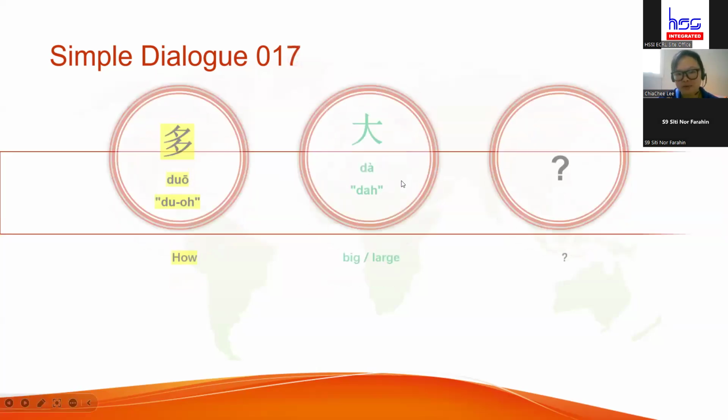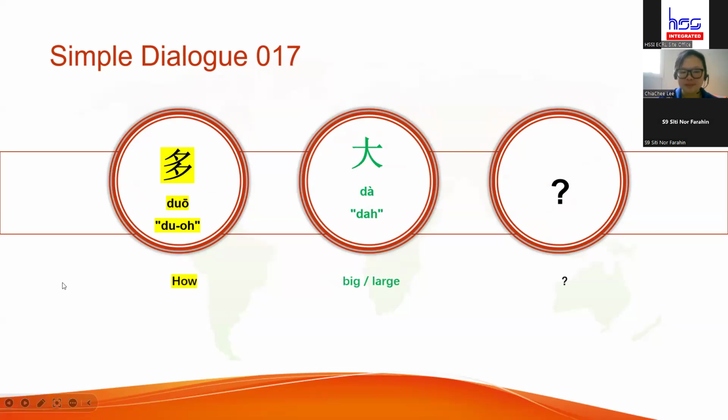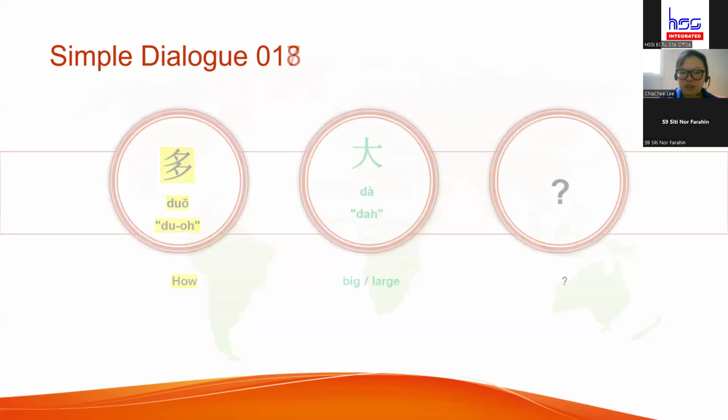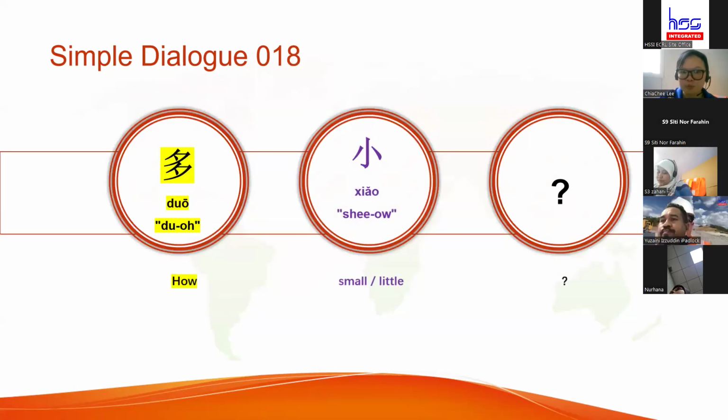The third pair we have is size. So we check 多大, which means how big or large. Then in comparison, how small or little is 多小. The last pair we check is width.